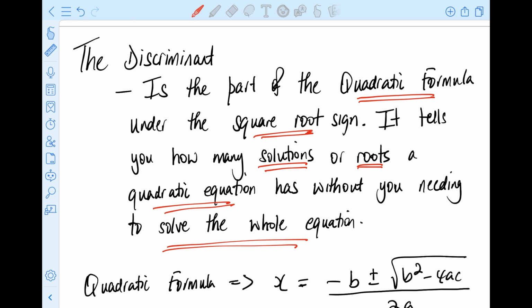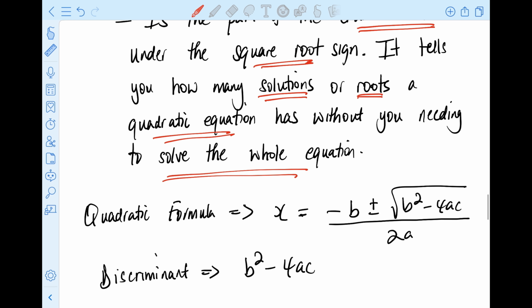Now, remember when we were looking at Desmos earlier, we could graph the function and tell, oh, it's one real solution or two real solutions, etc. The discriminant is a part of the quadratic formula that allows us to do that without graphing it, right?